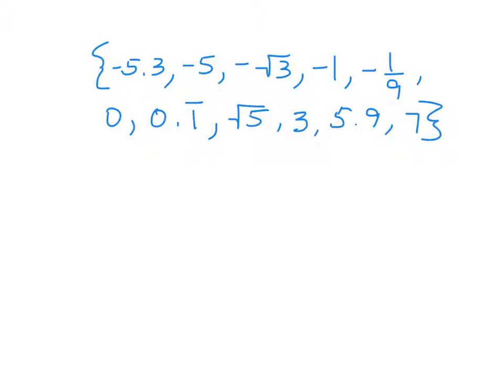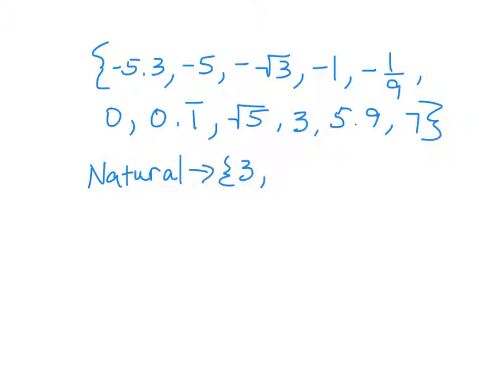We're going with Metro. Okay, so out of that set of numbers there, can you gentlemen give me all of the natural numbers? Christian and Tristan, what are the natural numbers that are listed in this set? 3.